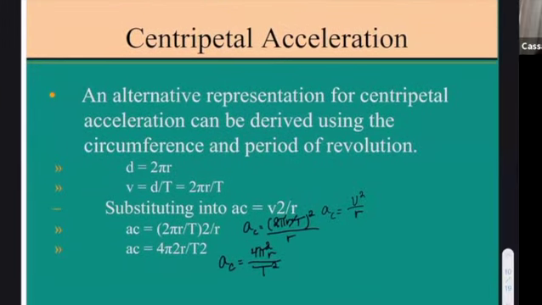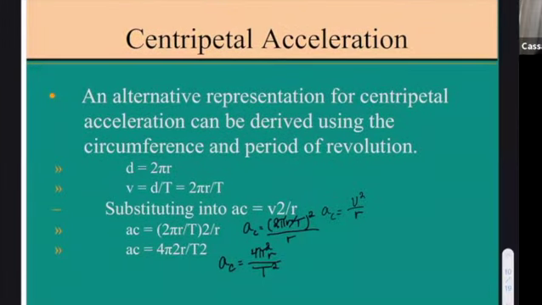Okay. So an alternative representation for centripetal acceleration can be derived using the circumference and period of revolution. Remember our circumference, 2 pi r. Distance is circumference, and t is time, the period. A period is the amount of time it takes to make one revolution.